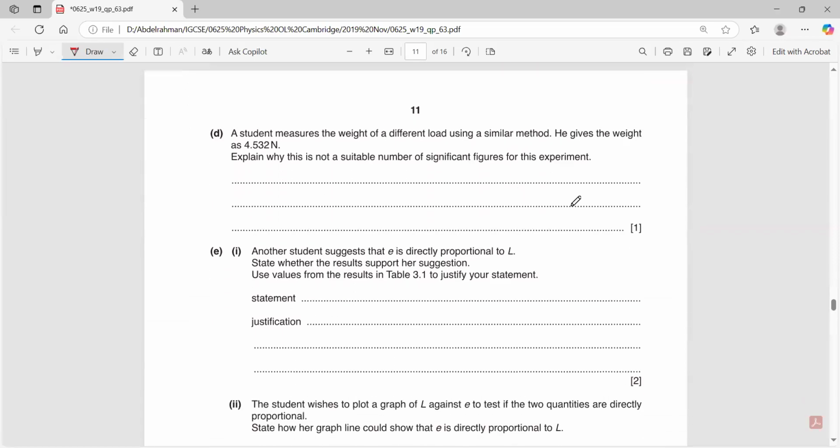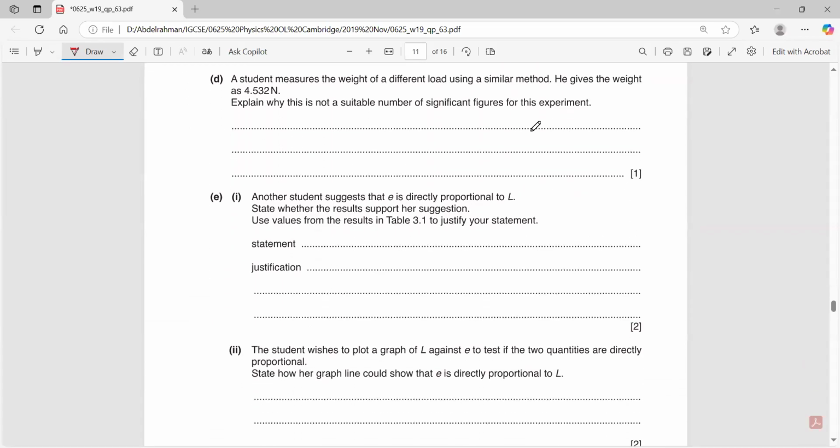A student measures the weight of a different load using a similar method. He gives the weight as 4.532 newtons. Explain why this is not a suitable number of significant figures. Because we are used to how many significant figures? Only two or three, right?